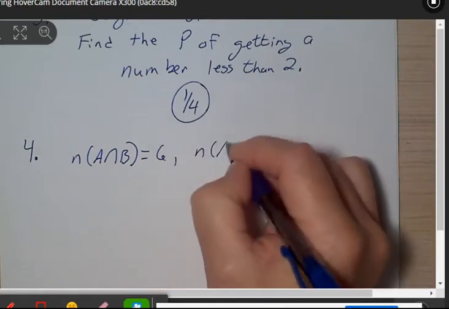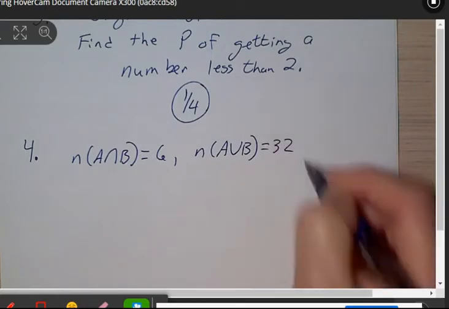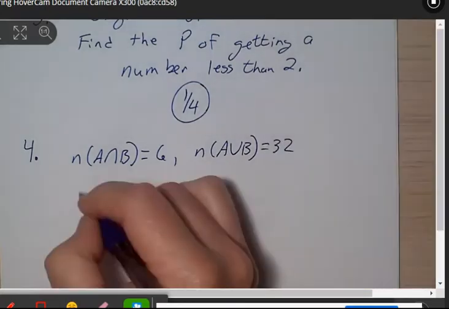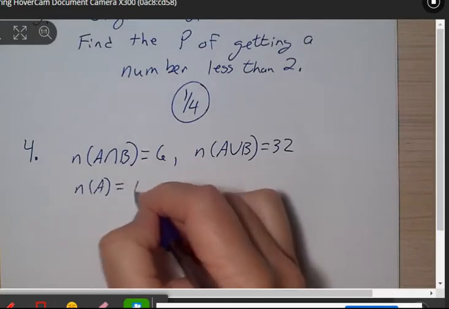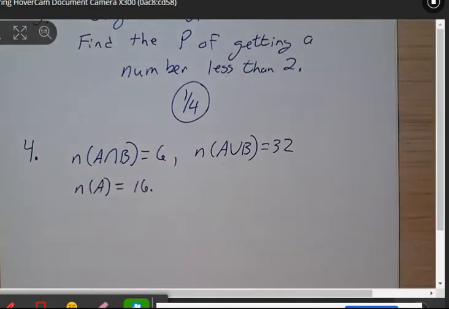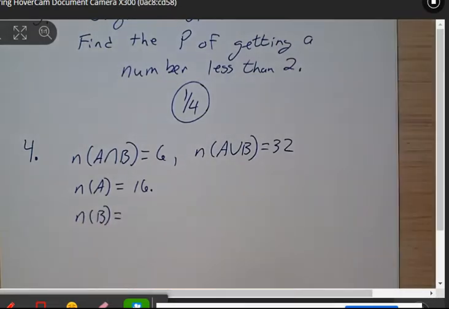The number of A union B is equal to 32. And the number of A is 16. Basically, find the number of B. Okay, and they give you a Venn diagram.